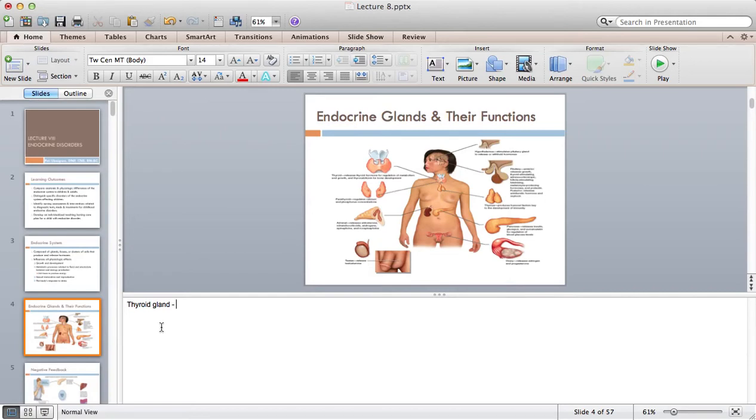So, which organ produces thyroid hormone? The thyroid gland.